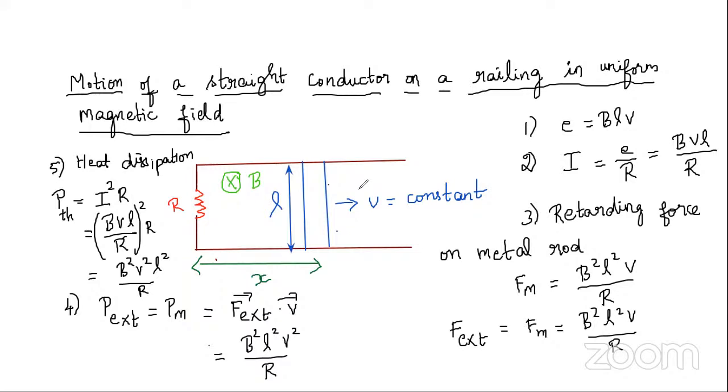Okay, in that case, what should you do? You have a magnetic field, and when the velocity of the movement of the conductor is inclined at a particular angle theta instead of 90 degrees, then what is your formula? What is your EMF formula that we are going to discuss now?